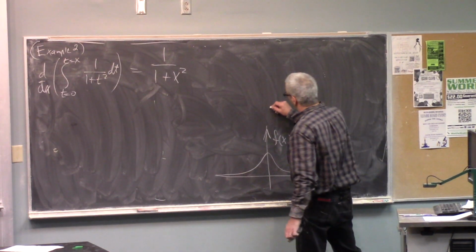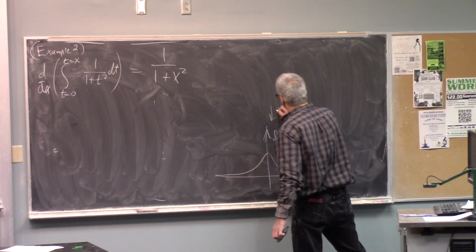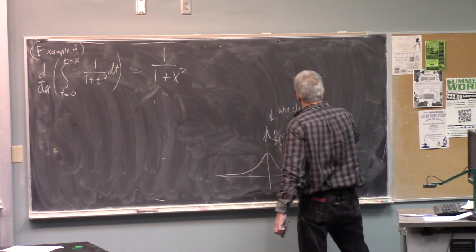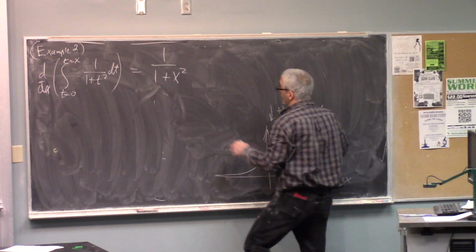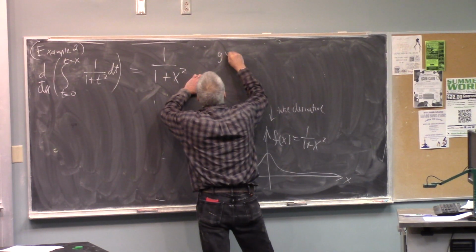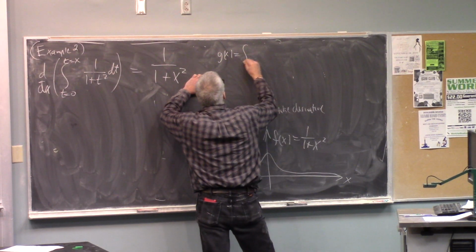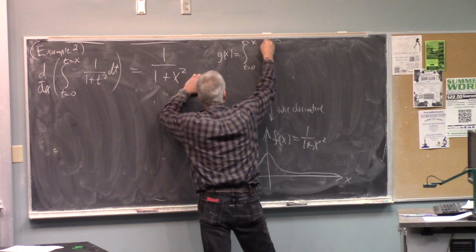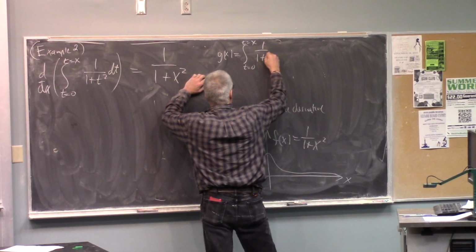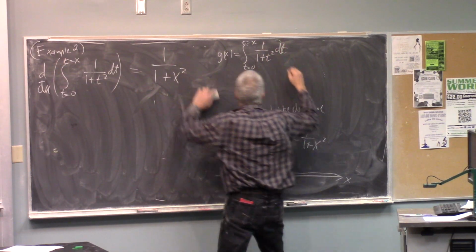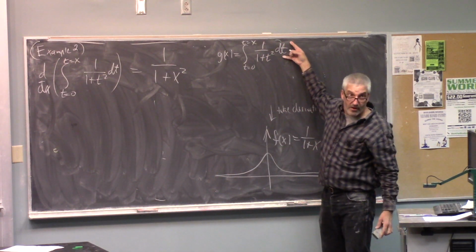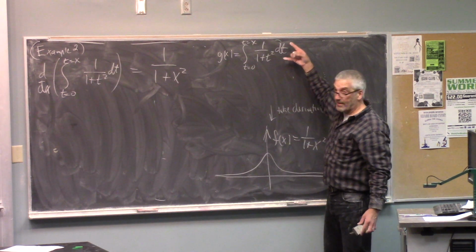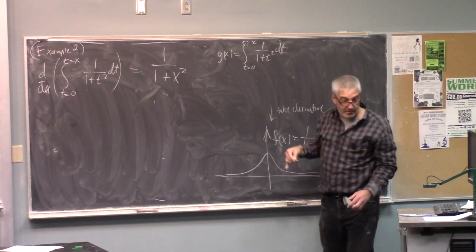And so what we've just found out is if I build this wacky area function g of x from t equals 0 to t equals x of 1 over 1 plus t squared dt, I've built an expression that functions as an antiderivative. The fundamental theorem of calculus says if I take the derivative of this, I do get this.